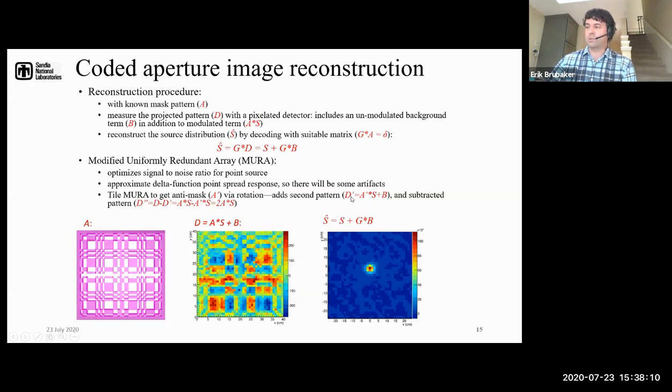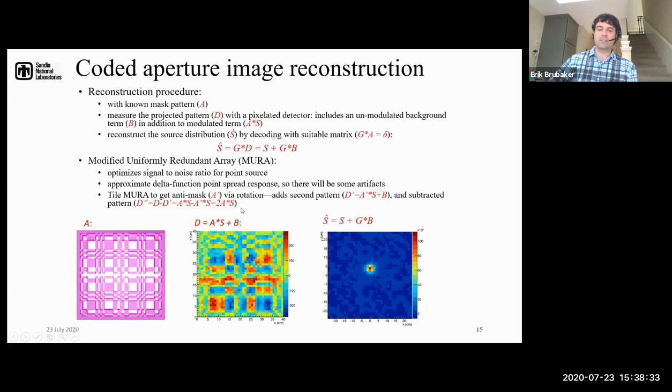Now you subtract those two data sets, and you're subtracting off the background part. So the B's go away, and you end up with the difference between the source distribution modulated by the mask and the anti-mask. Because the mask and the anti-mask are opposite, the difference between those is the same as 2 times the original mask distribution.